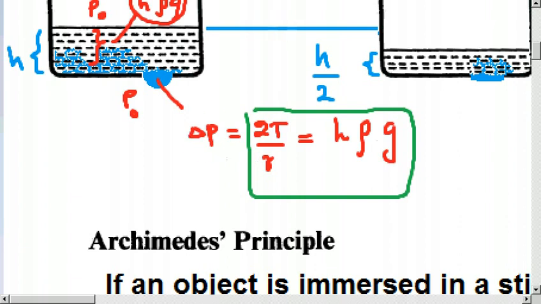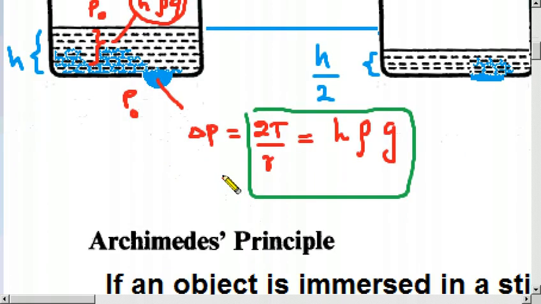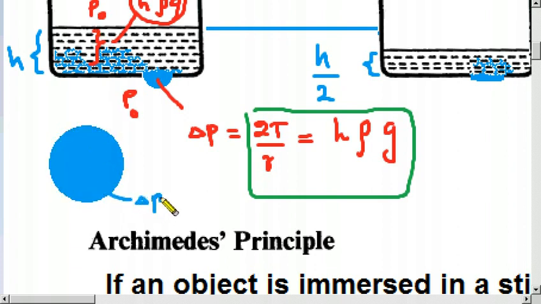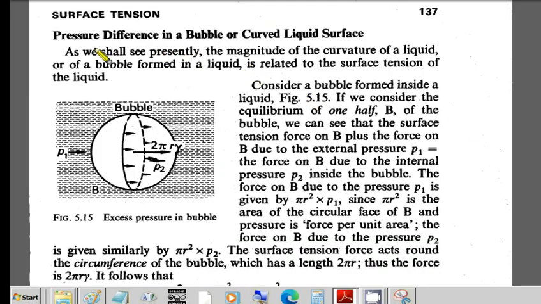This thing you learn in the classroom in the lesson on surface tension. In a sphere, that means a water drop, suppose a water drop like this, the excess pressure is equal to 2T divided by R. Here is that lesson, pressure difference in a bubble or curved liquid surface.